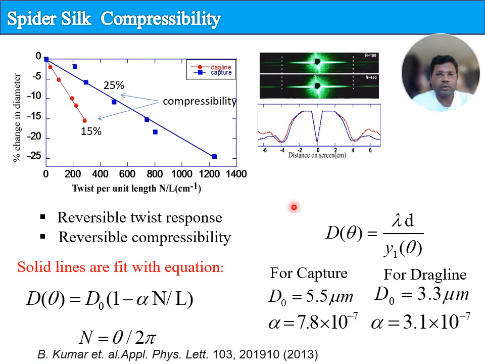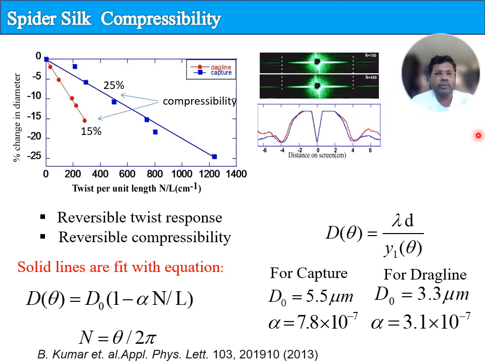To understand the origin of the torsional superelasticity of spider silk, we perform in situ optical measurements to show a linear correlation between twist and transverse compression, that is, reduction in the diameter of the silk as the number of twists per unit length is added. A twisted dragline silk produces a complex 2D diffraction pattern, as you can see here, with a bright central spot and multiple higher order peaks.